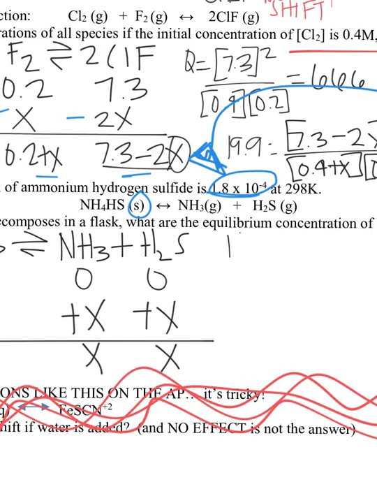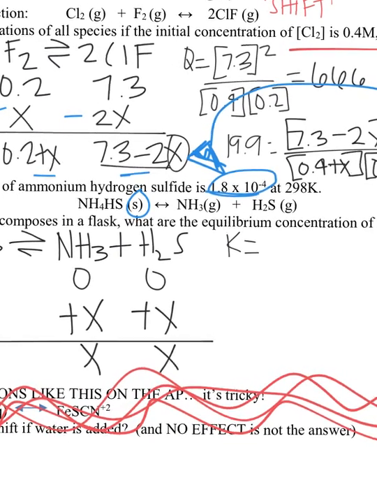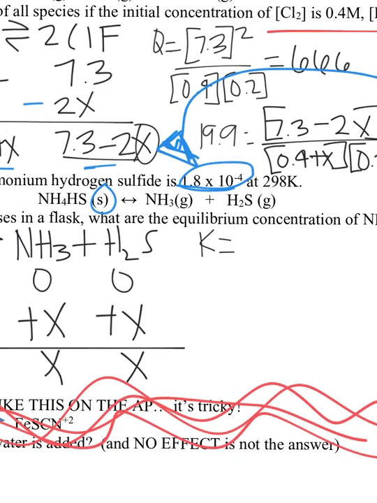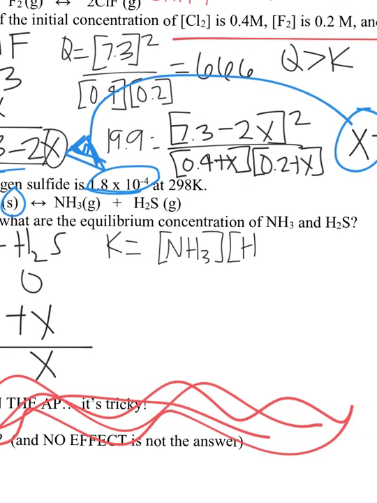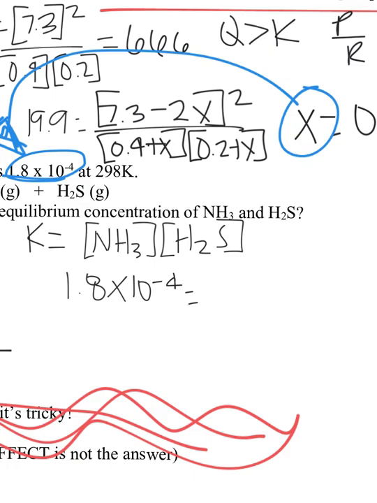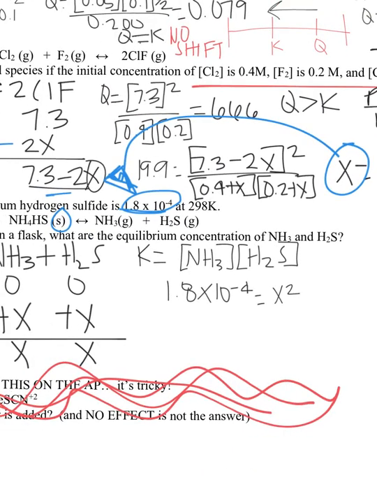Then let's write our expression. So K is equal to products over reactants. So I have my NH3 and my H2S. Technically it would be over 1 because I do not include the solid in there, but I can just leave it like this. So 1.8 times 10 to the negative fourth, because this is my K, equals, and we can just call this x squared because I had no coefficients from the problem.